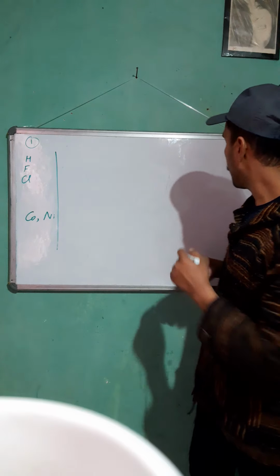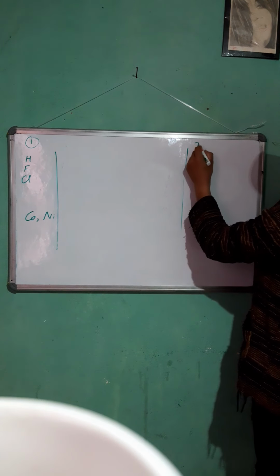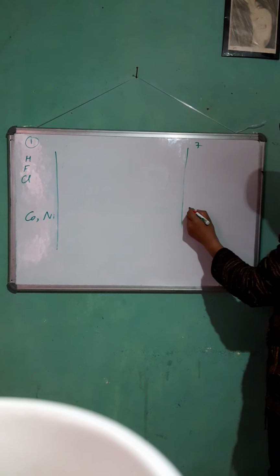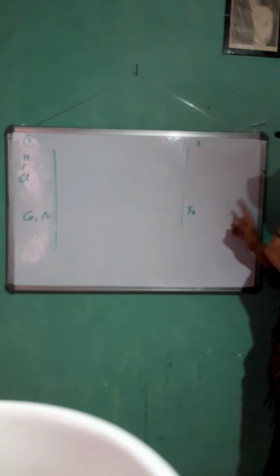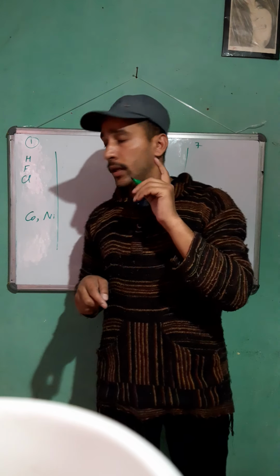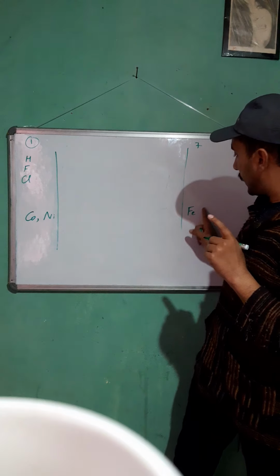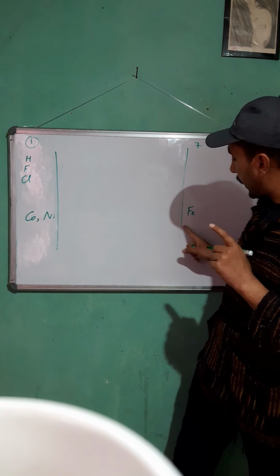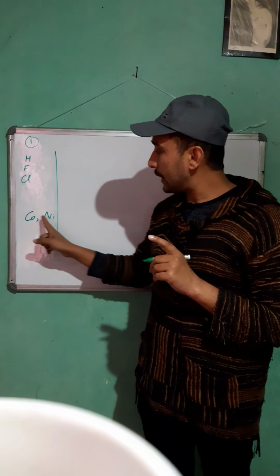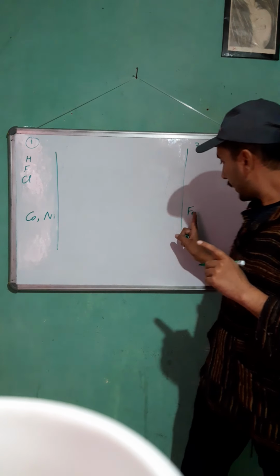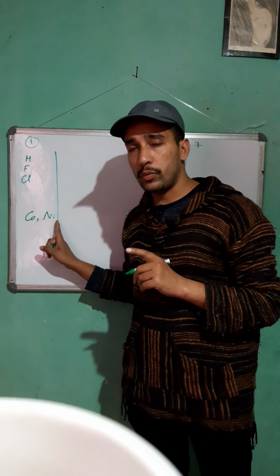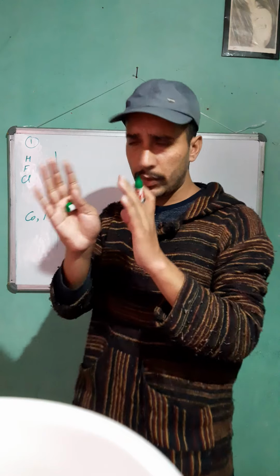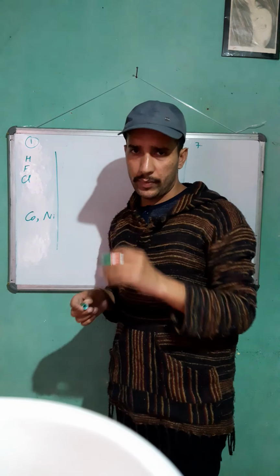Okay, and number two, in group 7, he had kept iron at last. The properties of iron are similar to cobalt and nickel. So iron, cobalt and nickel should be kept together because they resemble in some physical and chemical properties.